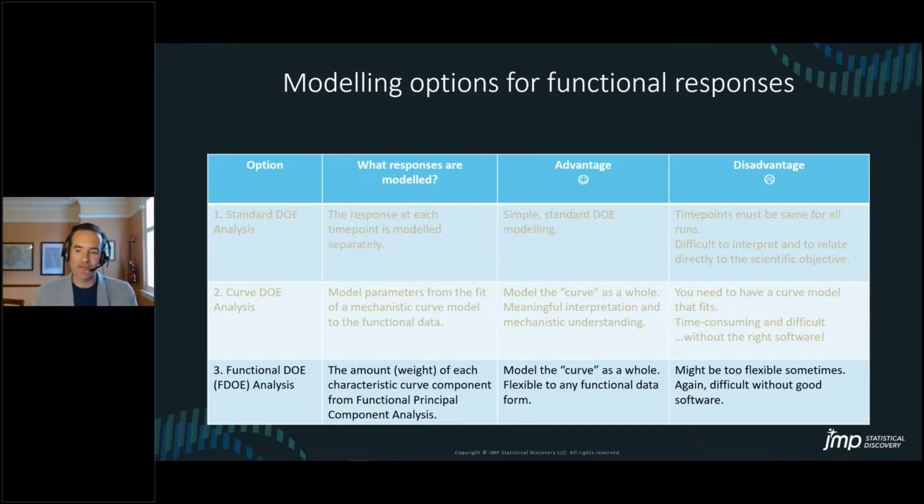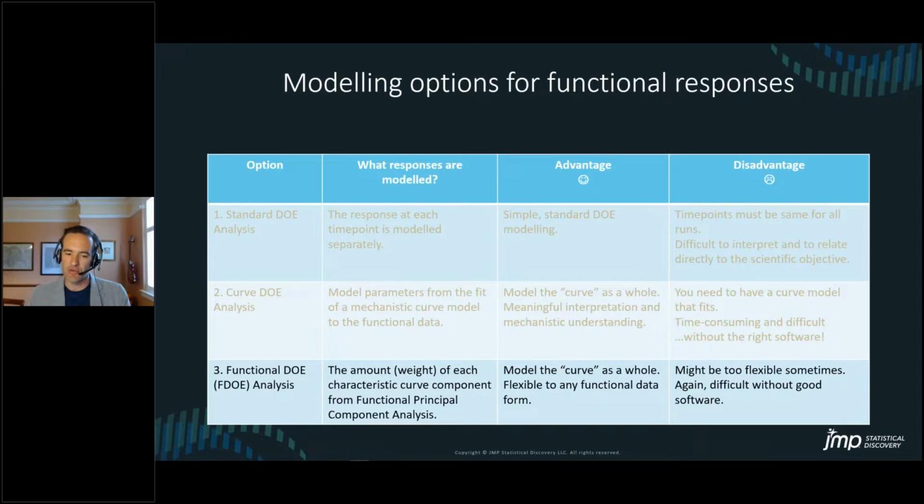It can be a disadvantage. You know, it might be too flexible sometimes. You need to be careful that it's not going to lead to spurious predictions, suggesting impossible growth curves or whatever kind of behaviors you're modeling with this functional data. Also, you don't get that direct interpretation of the meaning of the functional form as you do with the curve analysis.